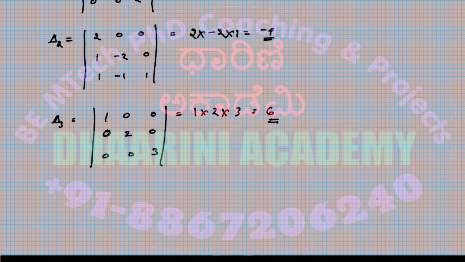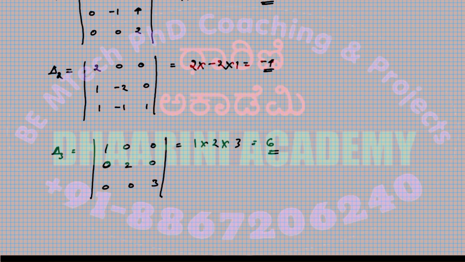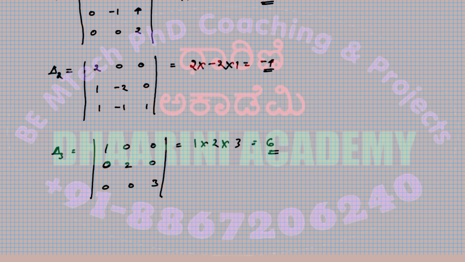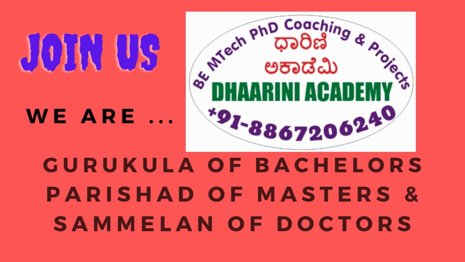So the answer becomes equal to 6. So if on any side of the principal diagonal we have all zeros, you can directly multiply the diagonal elements to get the answer. That is the proof of the property.